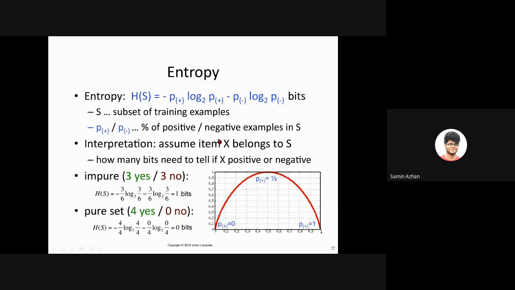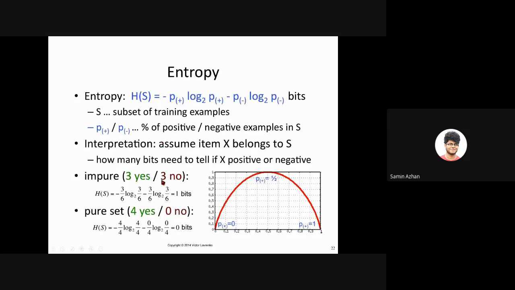Now, what does this mean? If we look at this example, impure and pure sets, we see that in our training data set, let's say there are 6 rows and 3 of them are yes and 3 of them are no. So what would be the probability of yes in that case?